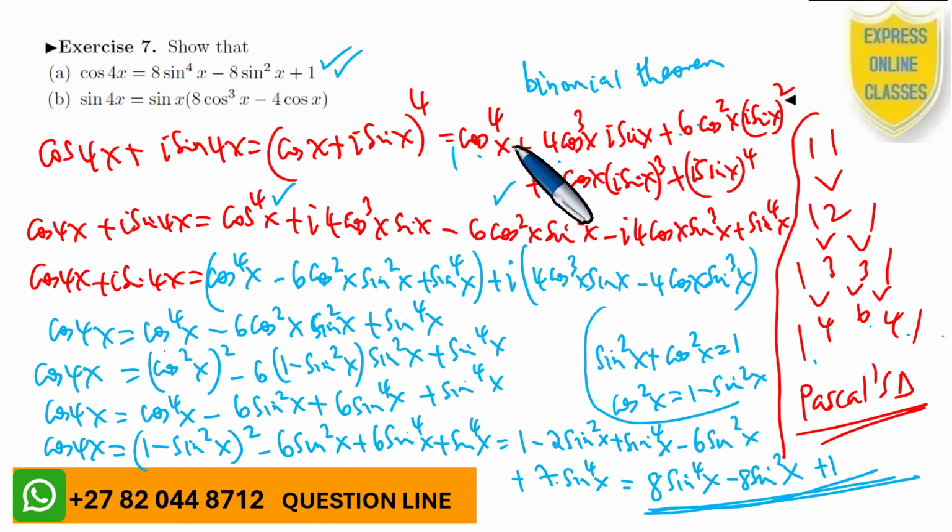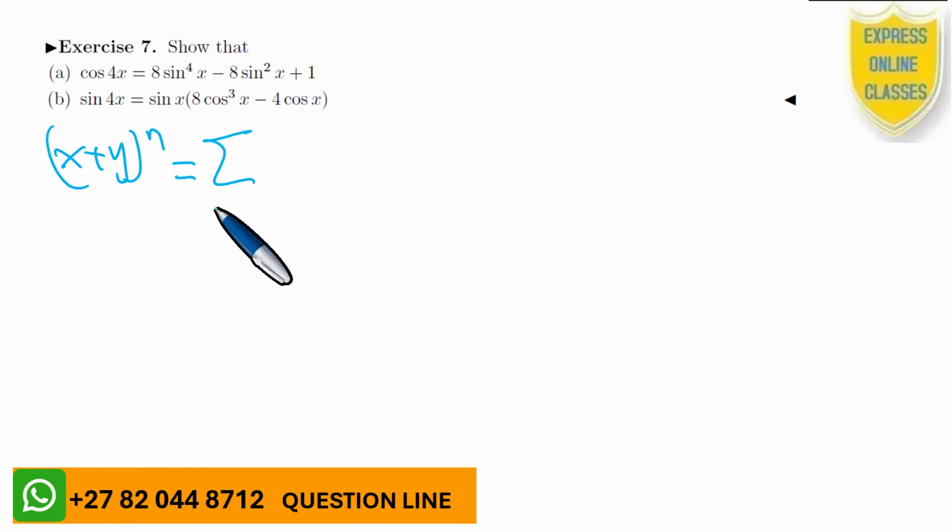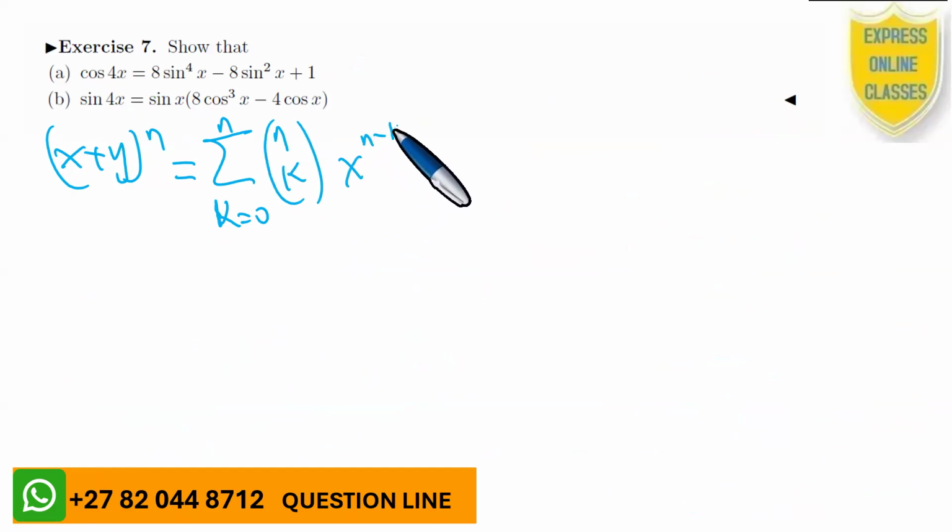Okay, how would we do this? The binomial theorem is clear. What is the binomial theorem? The binomial theorem states that if you have x plus y and you want to raise it to the power n, it is the sum from k equals 0 to n of n choose k, x to the n minus k, y to the power k.